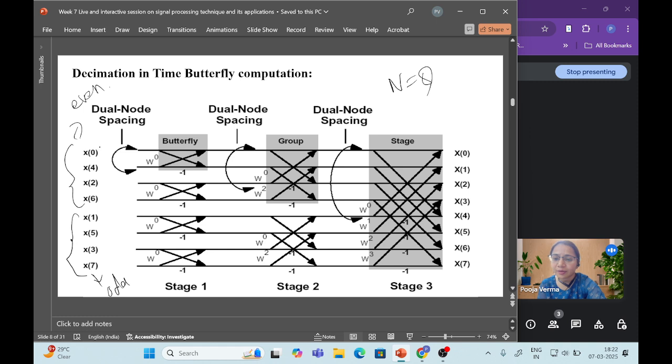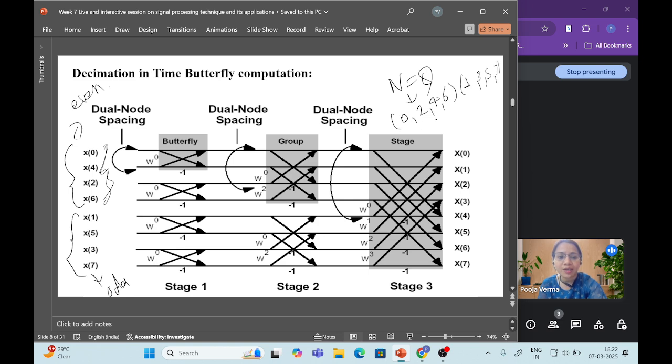First we divide this 8-point sequence into even and odd parts. For example, the even part is 0, 2, 4, 6, and the odd part is 1, 3, 5, 7.